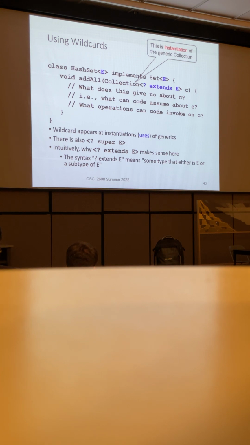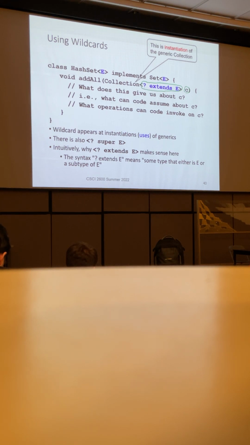We instantiate this Collection interface with the type argument question mark extends E, because we are saying we can take a collection of E or any other type that extends E. So what does this tell us about C? That this collection may only have E or subtypes of E.